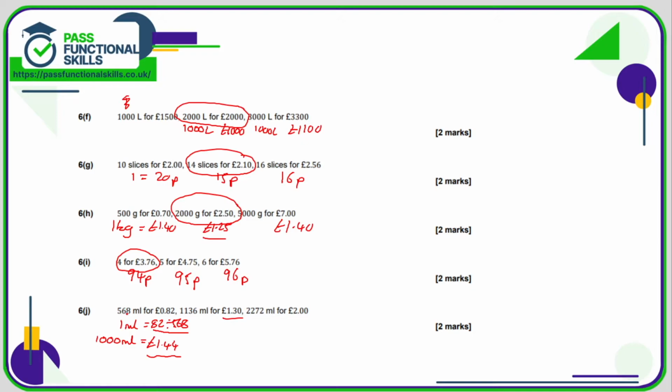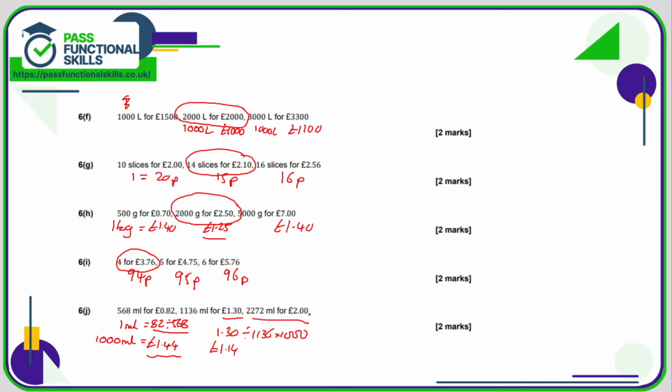So if I divide that by 1136, I'm going to get the price for 1 millilitre. So £1.30 divided by 1136, but then I'm going to multiply that straight away by 1000 to turn it into the price per 1000 millilitres. In other words, the full litre, and that works out as £1.14.